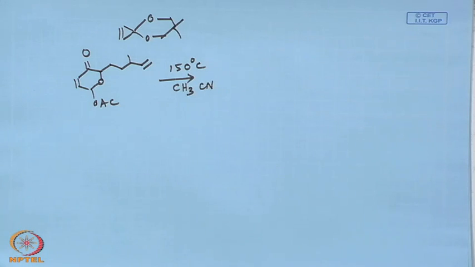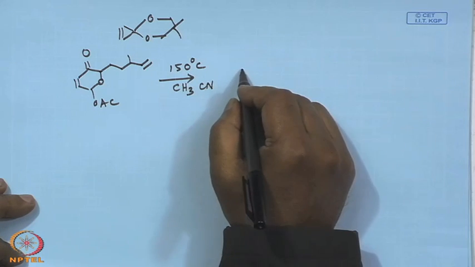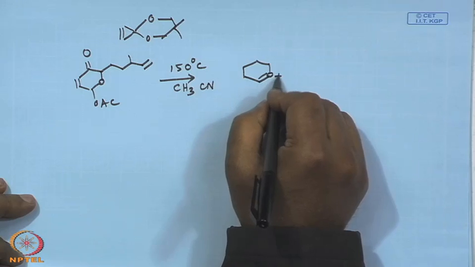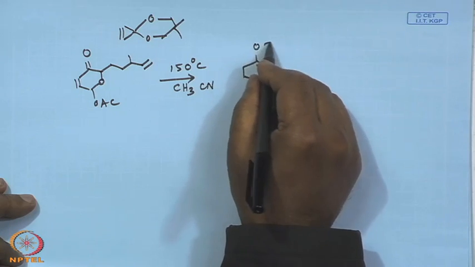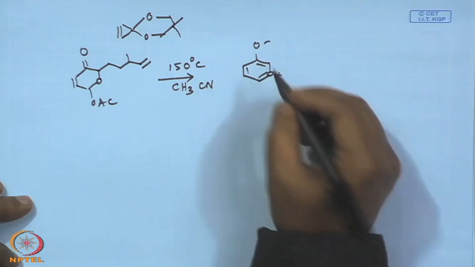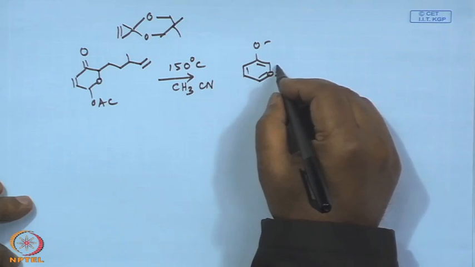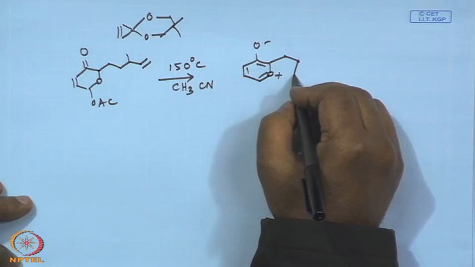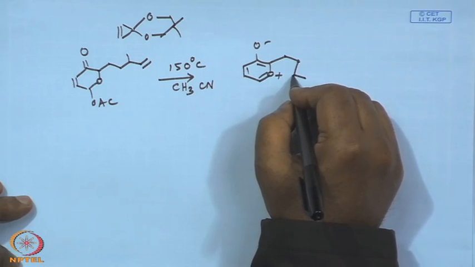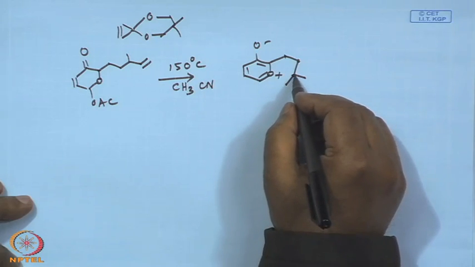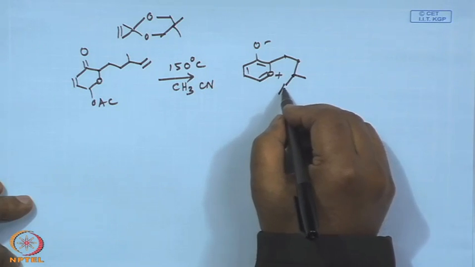So what do you get? Under thermal conditions this will form again this oxido species, and how do you orient them? So it is a 2, one 2, the third one is carrying, and then you have a double bond.